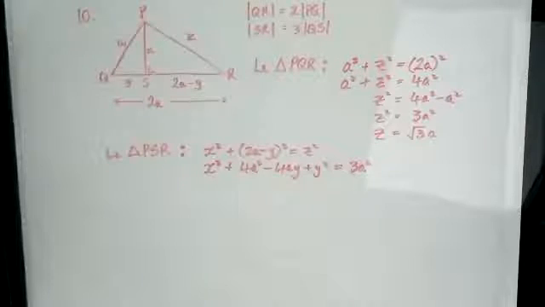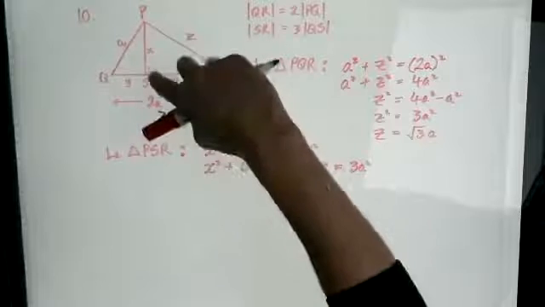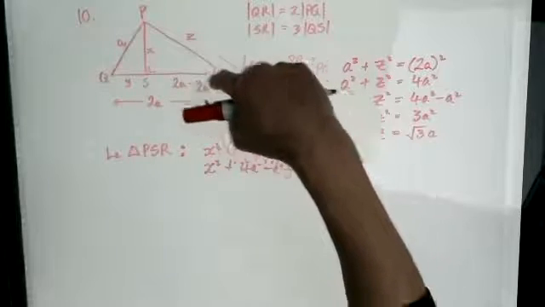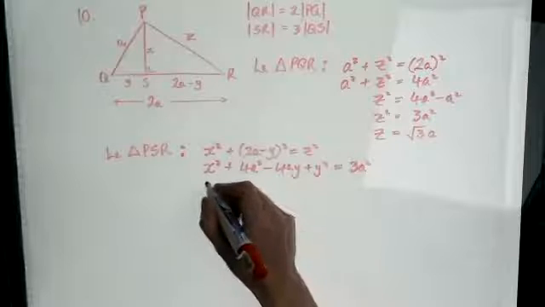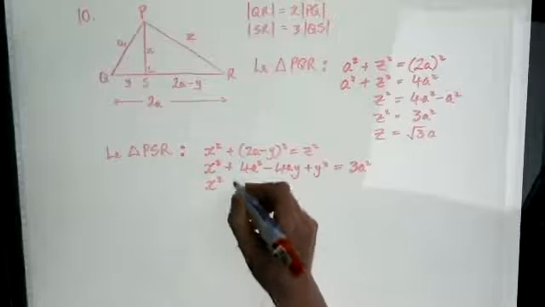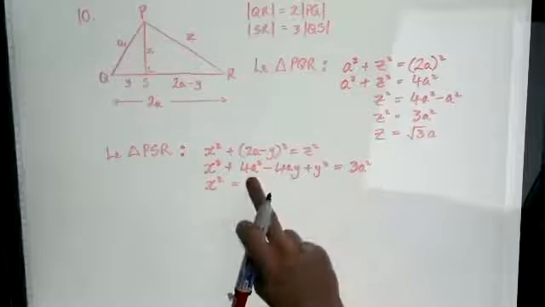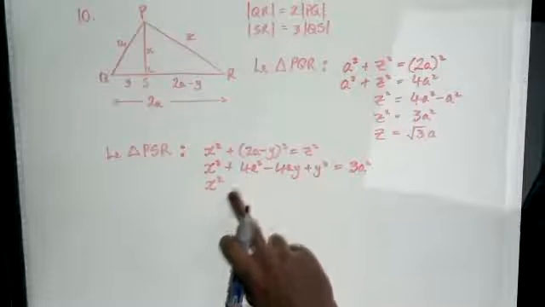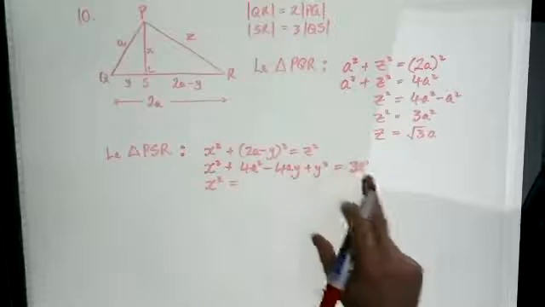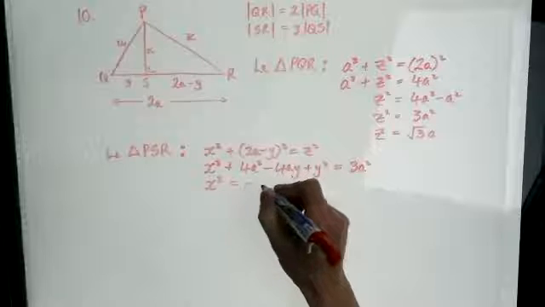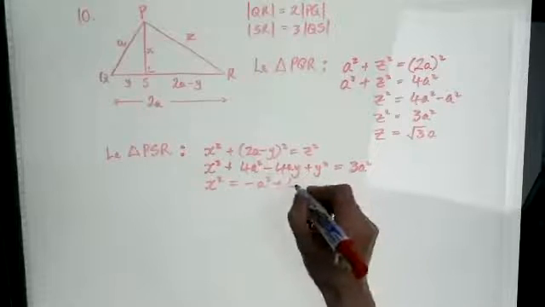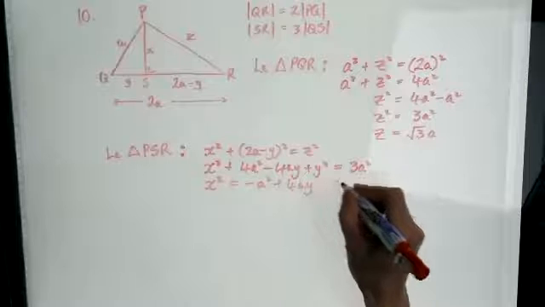So X squared equals 3A squared minus 4A squared plus 4AY minus Y squared, which is minus A squared plus 4AY minus Y squared.